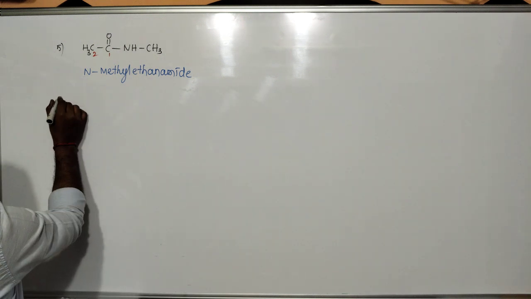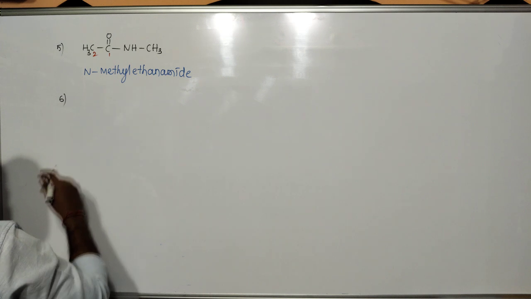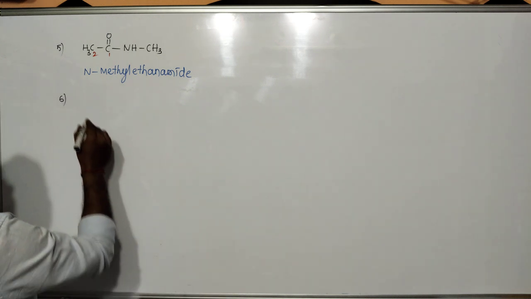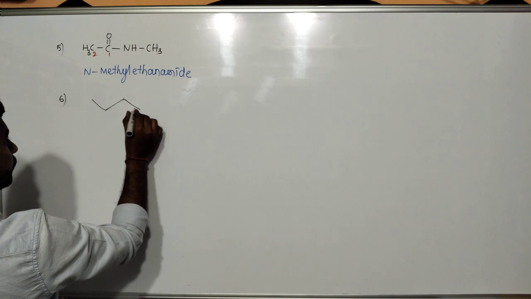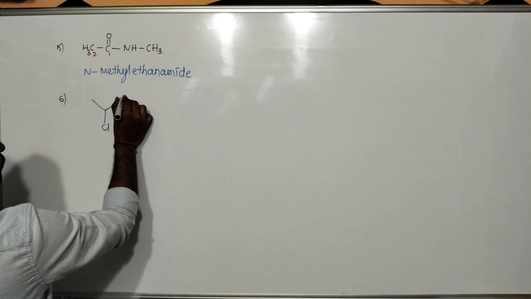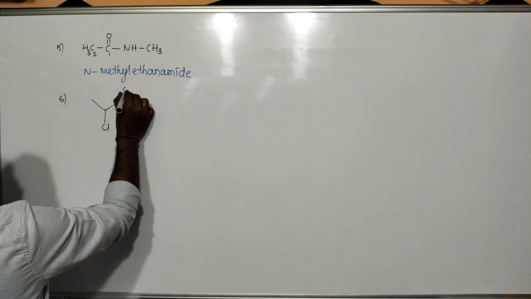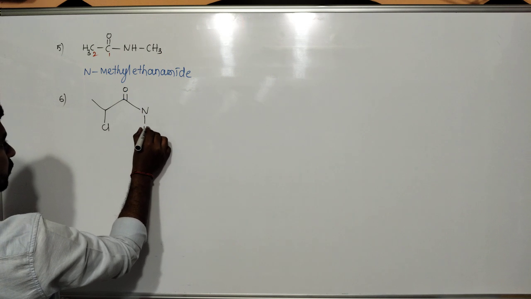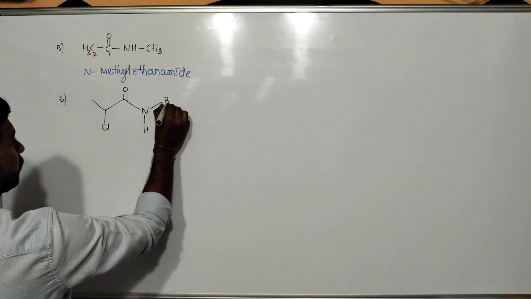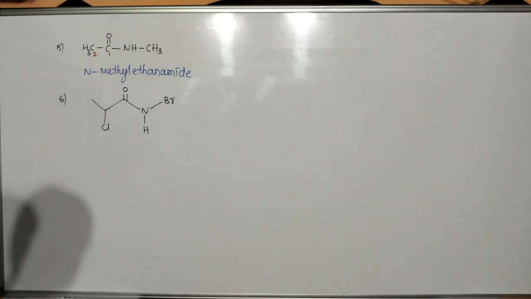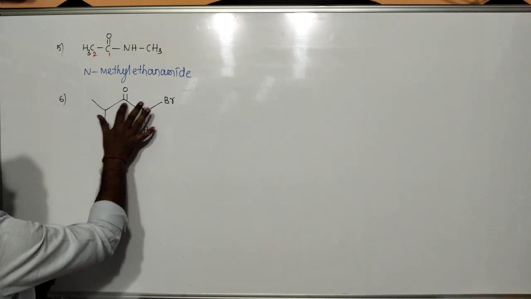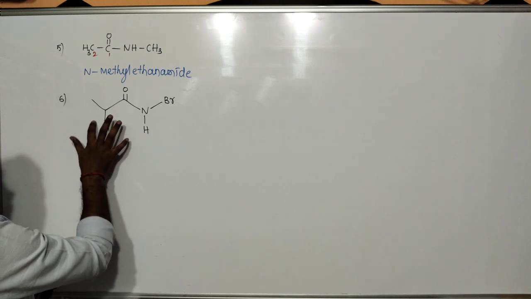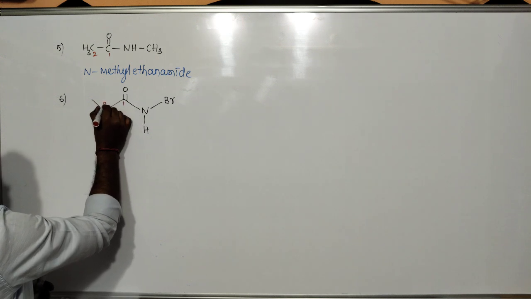Next, 6th example. For this molecule, count the number of carbon atoms. The number of carbon atoms is 1, 2, 3. 3 carbon atoms. So prop, at numbering 1, 2, 3.